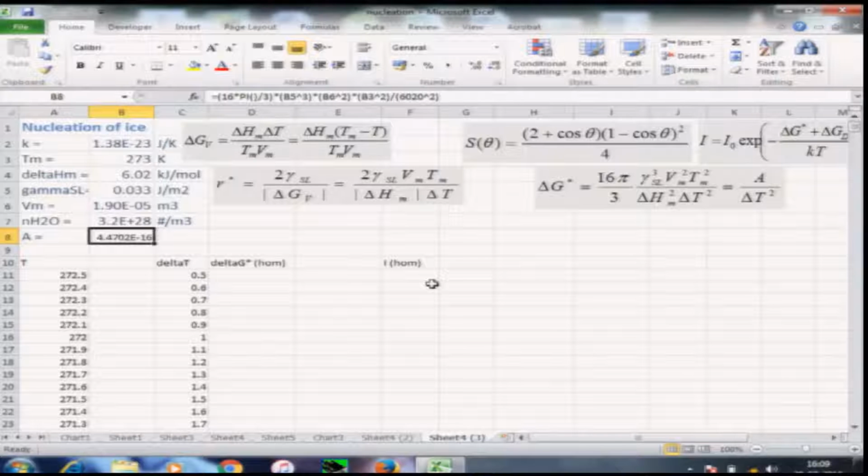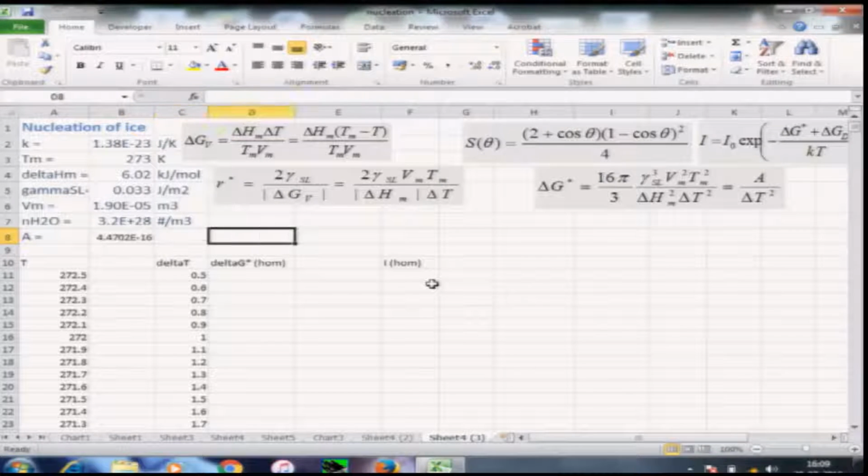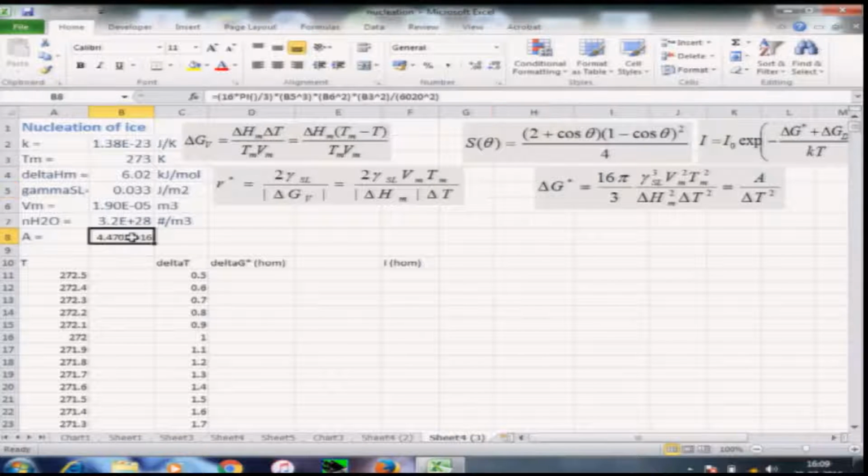And I already have calculated the value of the constant A in the expression for delta G star, which is equal to A upon delta T square, where all of these terms comprise the quantity A. So, A is already calculated here in cell B8.